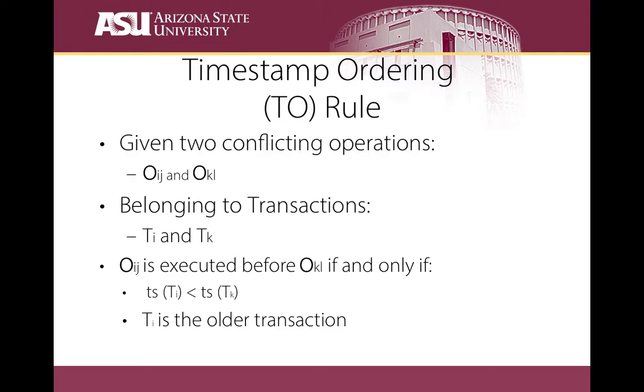One operation is called O_ij, and the other operation is called O_kl. The i and the k, the first letter in each, is the ID of the transaction. So this operation belongs to a transaction called Ti, and this operation belongs to a transaction called Tk.